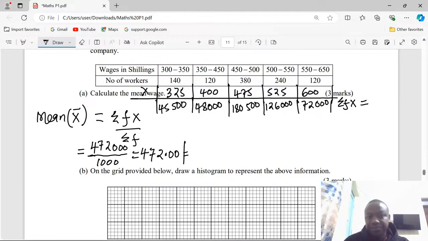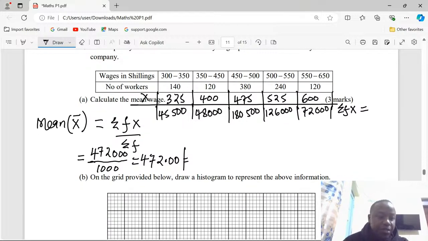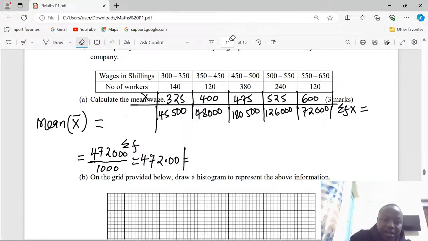If no, then we are going to use what we call frequency density. If the class intervals are the same, then we shall use frequency against the limits. But for this case, where the intervals are varying, not uniform, then we shall calculate frequency density.